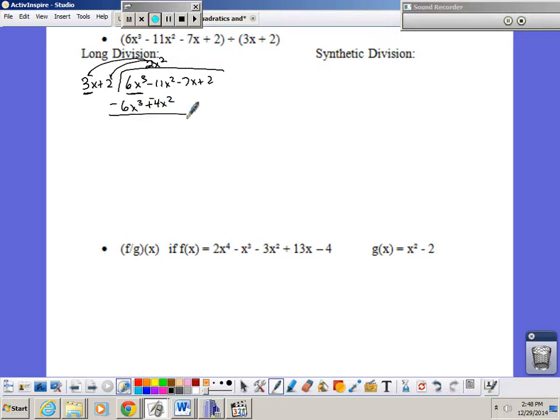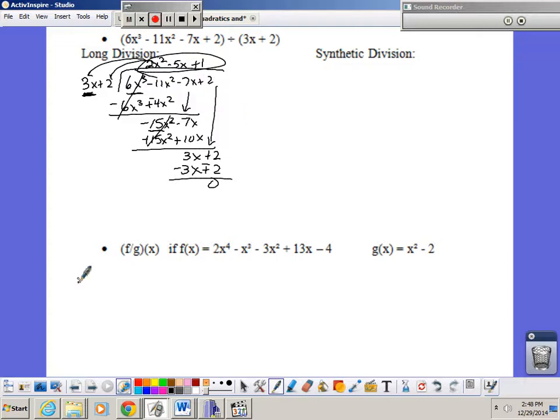Change the sign, gone. Negative 15x squared, bring down your next term, negative 7x. Make this look like this, negative 5x, negative 15x squared minus 10x. Change the sign, gone. 3x, bring down your next term, 2. Make 3x look like 3x plus 1. So 3x plus 2, change the sign, 0.